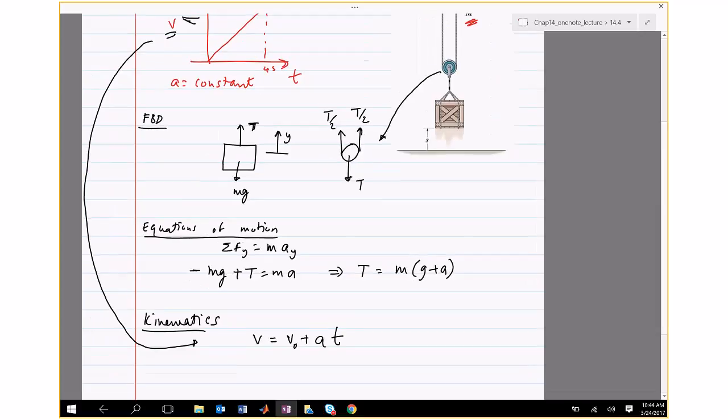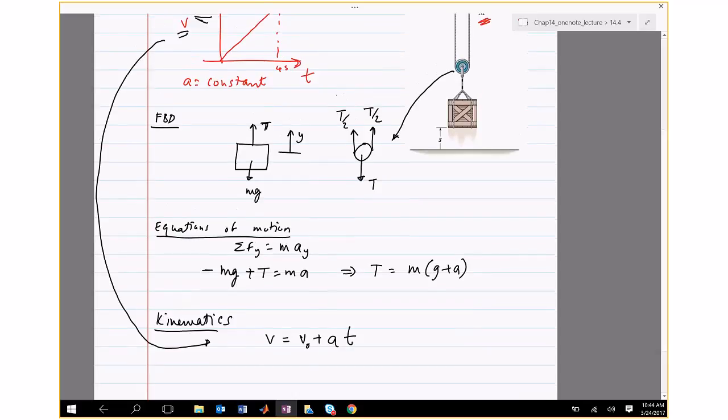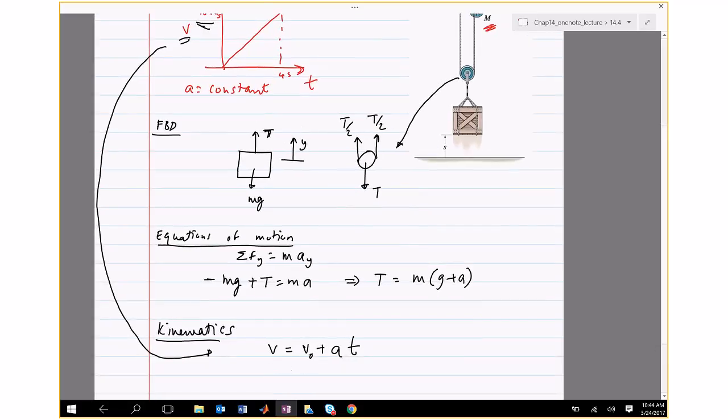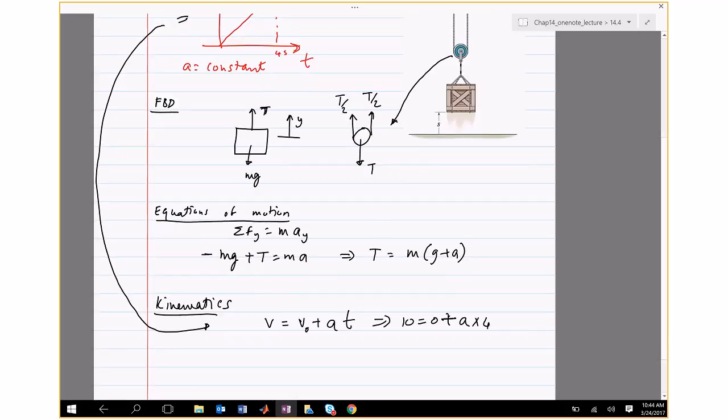So the velocity is 10, initial velocity is 0, acceleration is constant, and the time is 4 seconds. So from that, I can find the acceleration: 10 minus 0 divided by 4 is 2.5 meters per second squared.